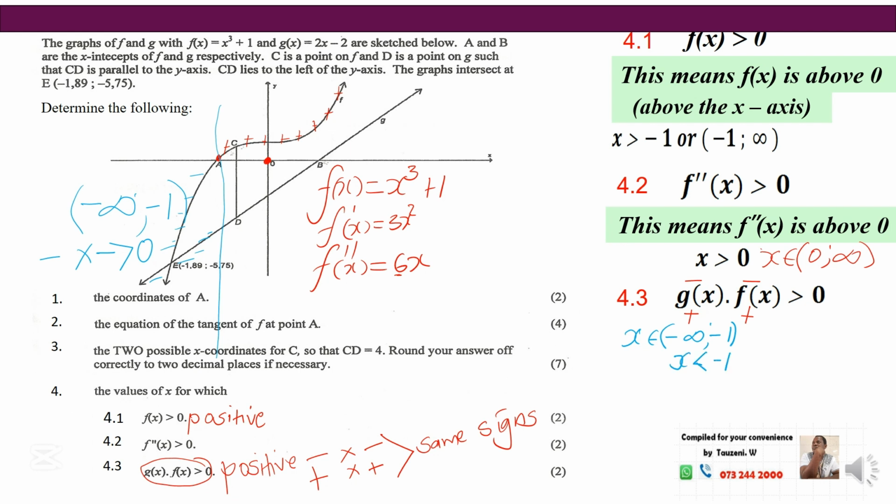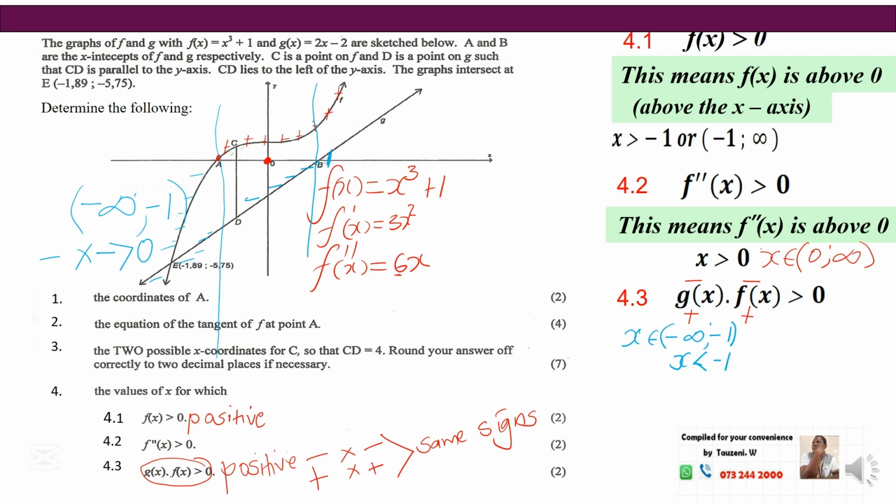Then carrying on, if we look at what's happening from point A up to point B, in between point A and point B, one graph is positive, but the other one is negative. They have different signs. The coordinates of point B are 1, 0, coming from the x-intercept of g.